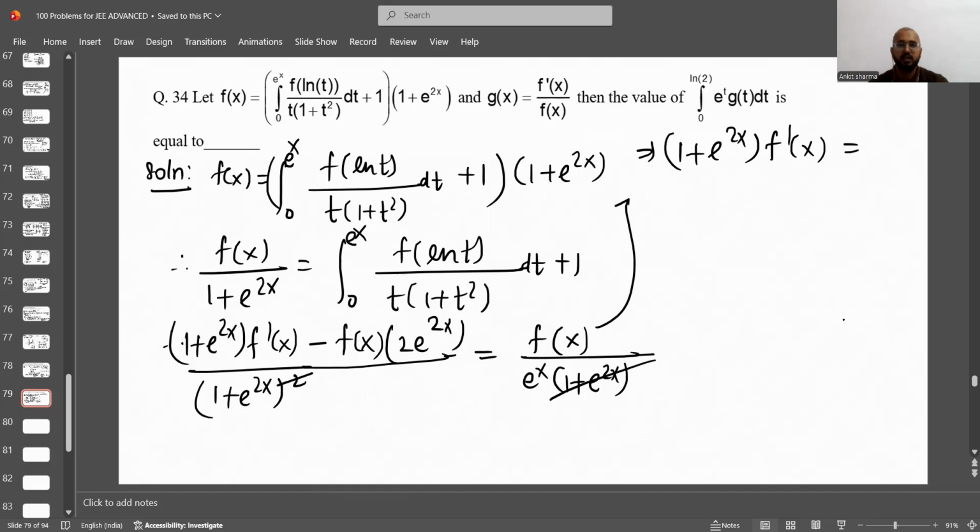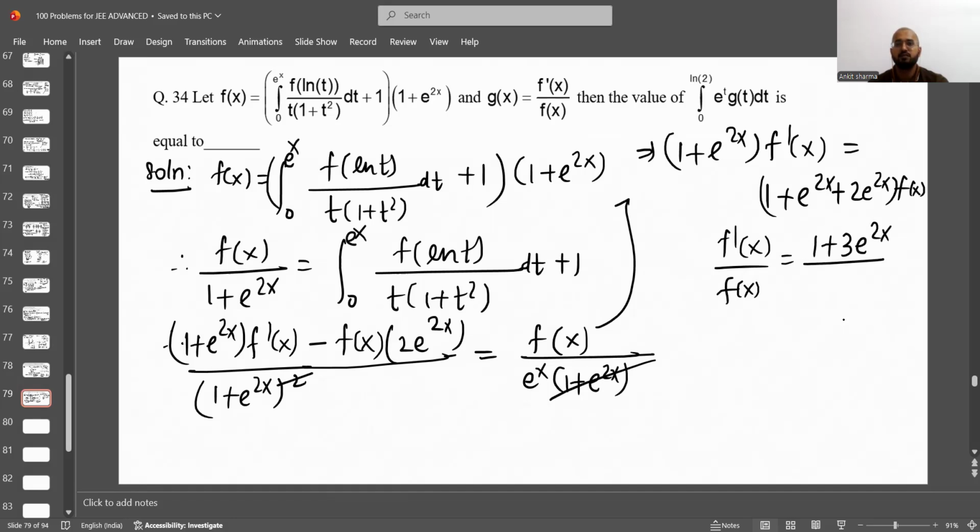So this adds 1 plus e power 2x, and then plus 2 times e power 2x into f of x, which means I now have f dash of x over f of x is equal to 1 plus 3 into e to the power 2x over 1 plus e to the power 2x. So this is f dash of x over f of x. Now, this is nothing but my g.